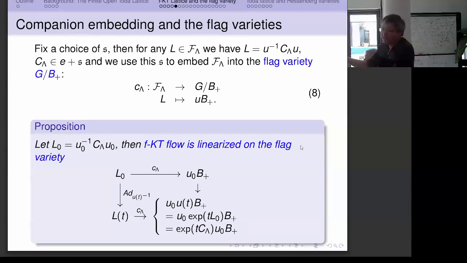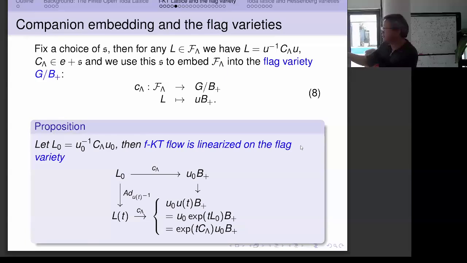And in type A, C lambda is what? C lambda is the companion matrix. So that means for all the matrices of the form, Hessenberg matrix of the form that I give you, you can find a lower unipotent matrix and conjugate it to its companion form. So that's something that undergraduates could understand.